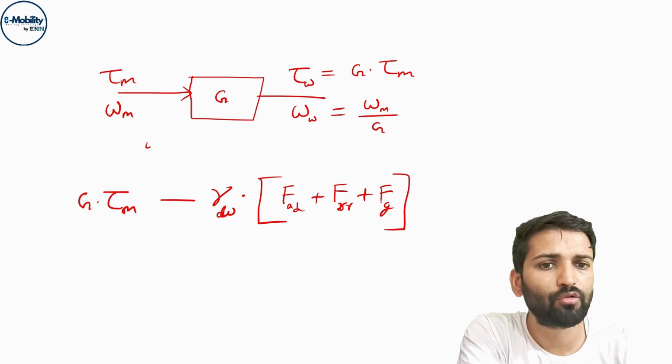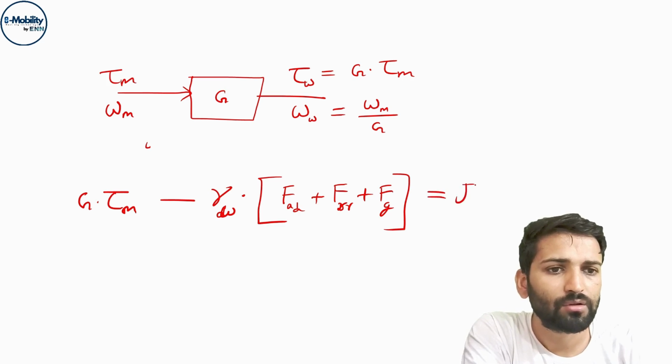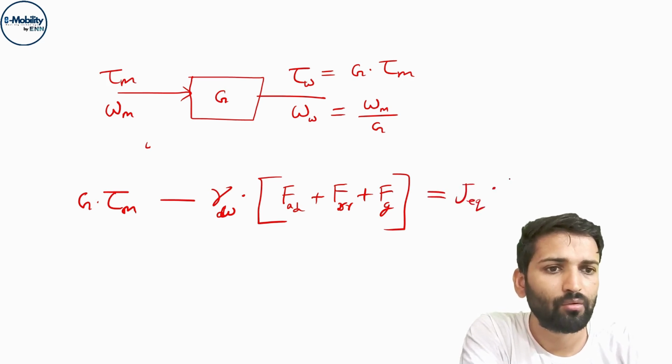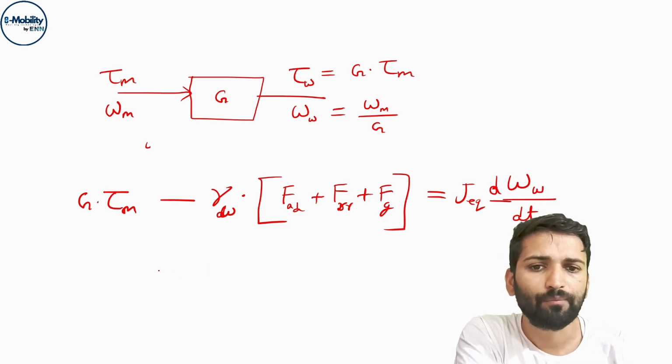So these three forces added and multiplied with Rw will give us the resistive torque, and this will be equivalent to J equivalent into d omega of wheel by dt. This is the expression, so from here we can easily calculate this.